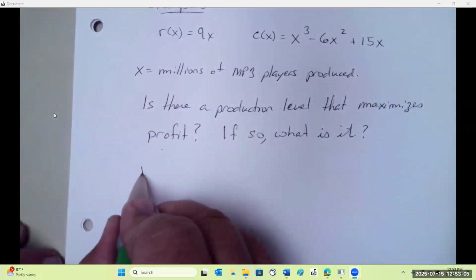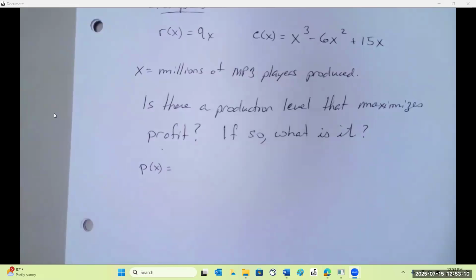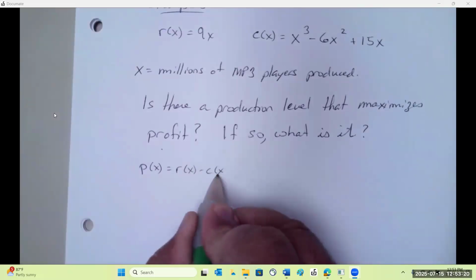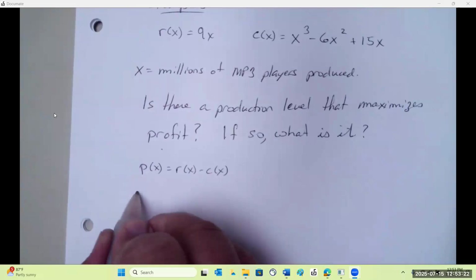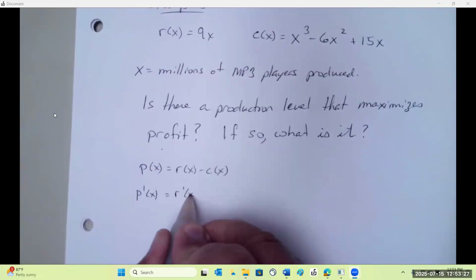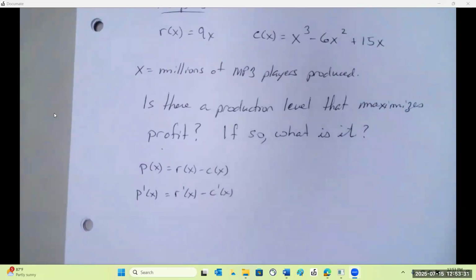Because what would the profit function be? We defined it a second ago. Right. So the derivative, the marginal profit, would be the derivative of your revenue and your cost.